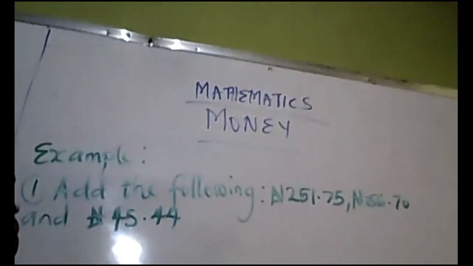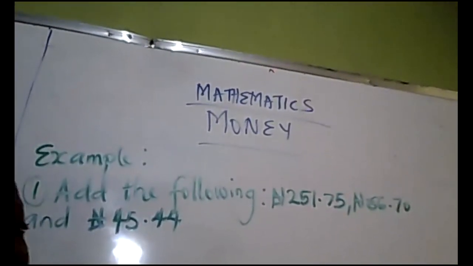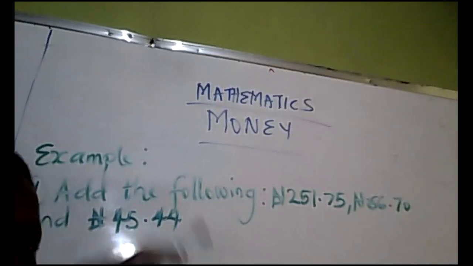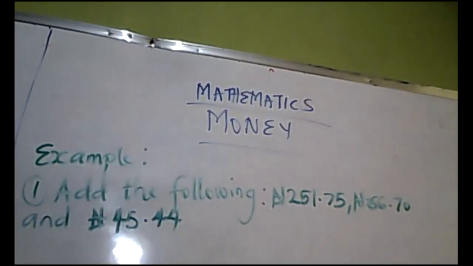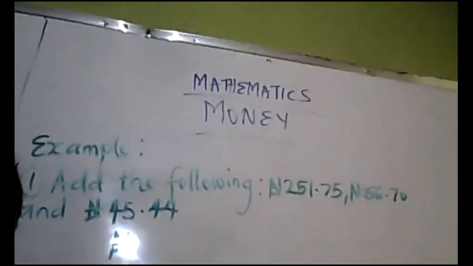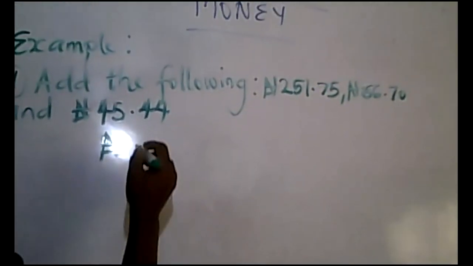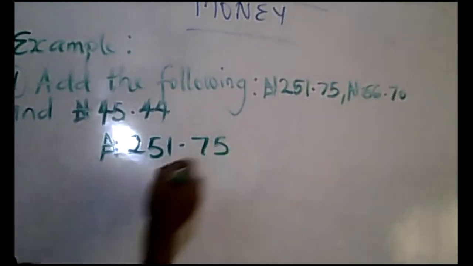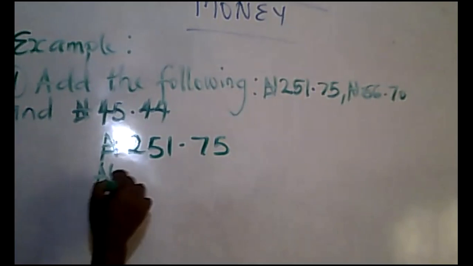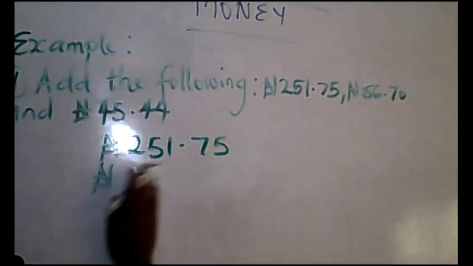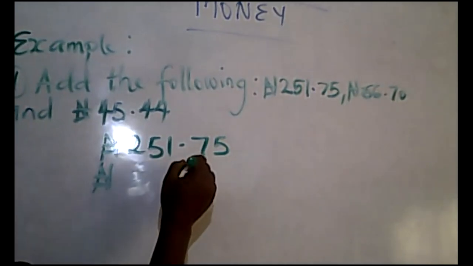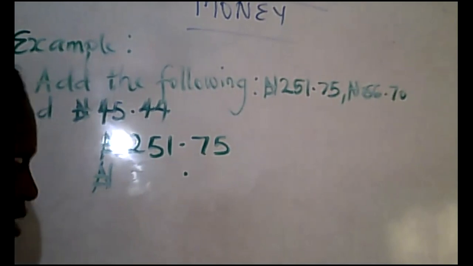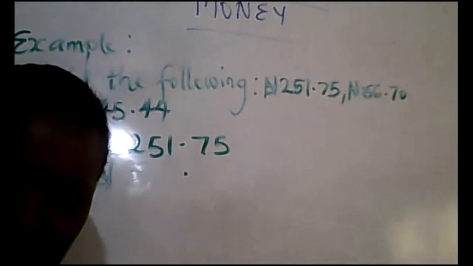Instead of arranging the numbers vertically, you can write it as 251 naira 75 kobo, 60. Put your decimal points in order not to confuse you.